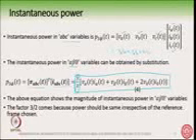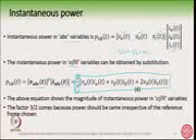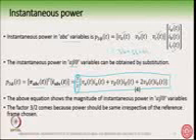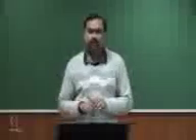The 3 by 2 factor is coming because the power should be irrespective of the reference frame chosen, whether you are in ABC or in alpha beta. In the original definition we had a 2 by 3, and now this 3 by 2 comes because we want to keep the power the same.